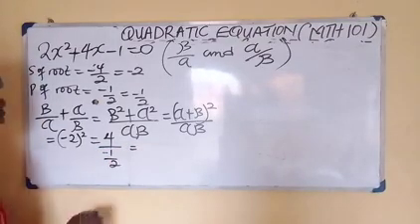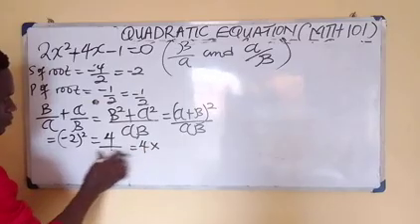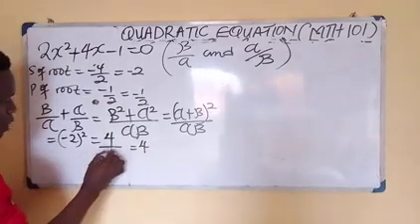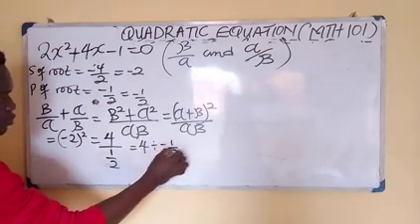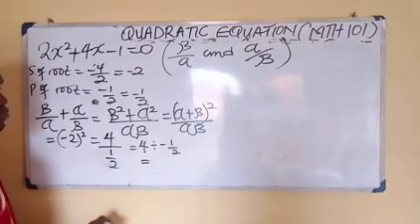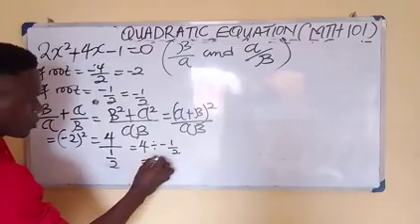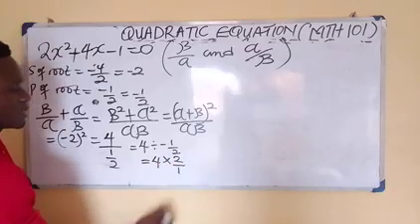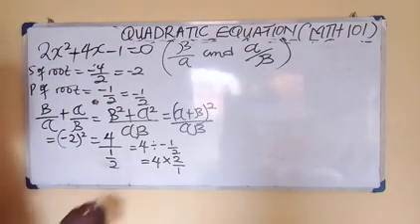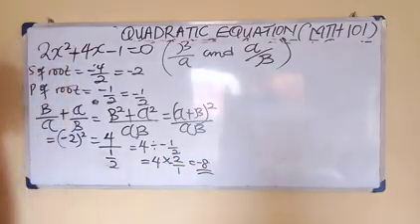If I want to express this, it becomes 4 divided by minus 1 over 2. If I want to introduce times, it becomes 4 times 2 over 1. Don't forget, this becomes minus 8.